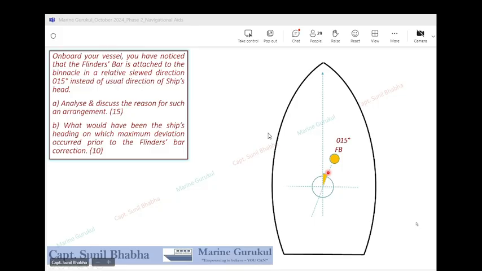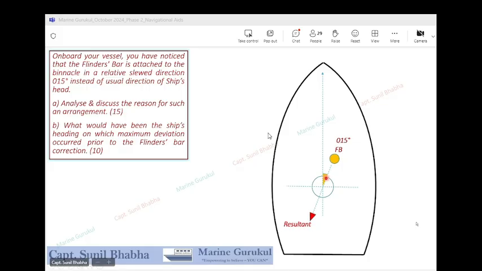Now that means that the magnetic field generated because of vertical soft iron is not aft of the compass. The magnetic field which is generated must be opposite to the direction where the Flinders bar is. So that means that whatever magnetic field is there on the ship because of vertical soft iron will have a resultant direction opposite to where the Flinders bar is.